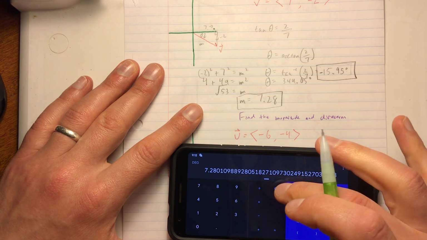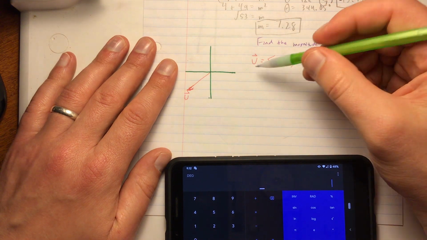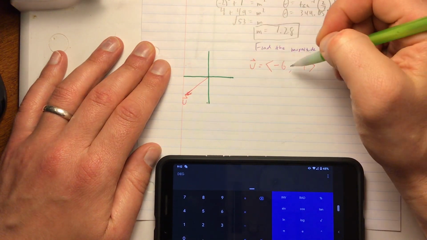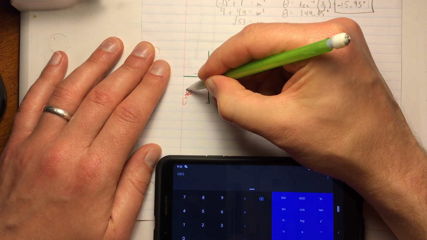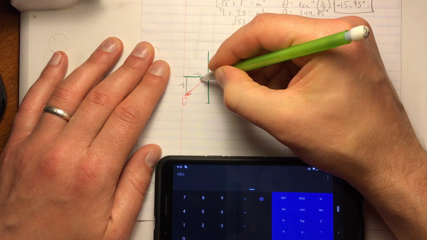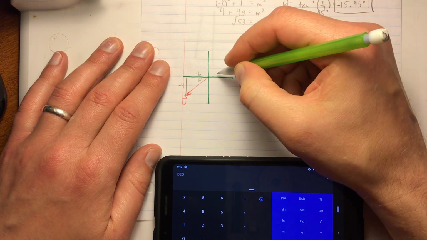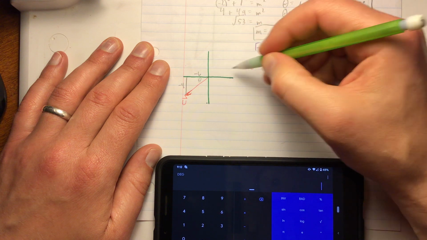There you go. All right, do one more down here. Got -6 and -4. Okay, well, -6 in the x direction means we went back 6 this way. -4 means I went down 4. I got to figure out this angle right here. Okay, well, let me just figure that angle.